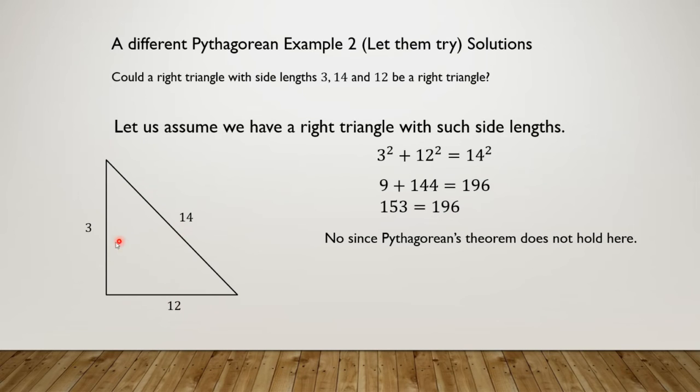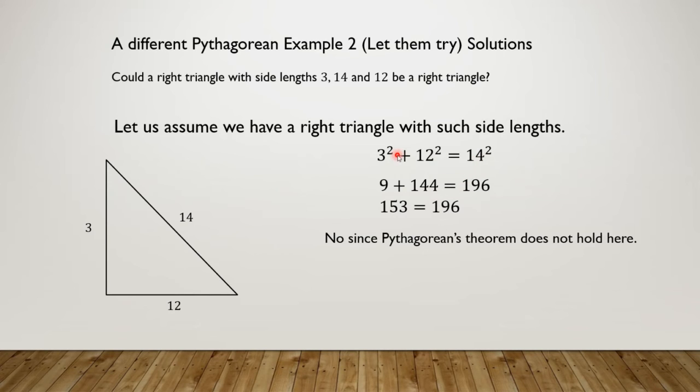So 3 squared plus 12 squared would have to equal 14 squared. Does that happen? Well, 3 squared we know is 9, 12 squared is 144, and 14 squared is 196.